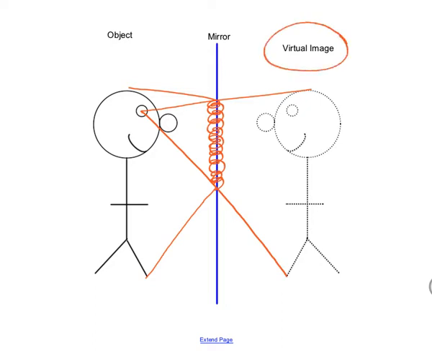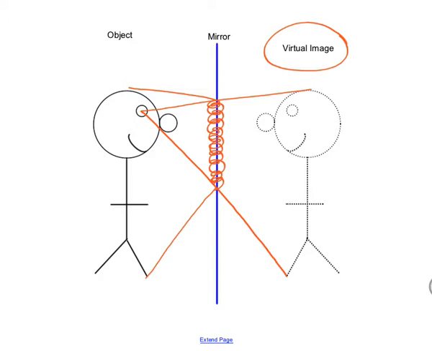This is what's called a virtual image. When you're looking in a mirror, you end up looking at a virtual image, which is created just by light rays bouncing around. Now, I do want you to watch a video about mirrors put together by Vsauce.